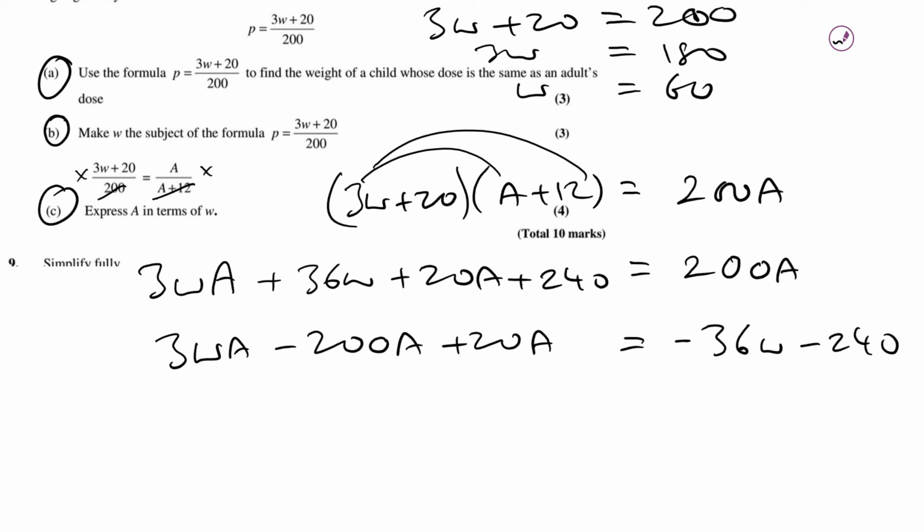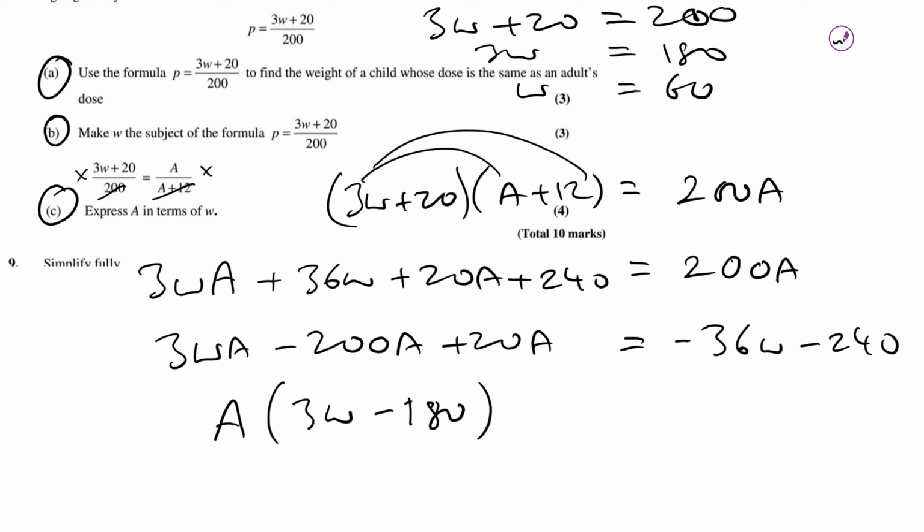And then what do we do? This is the finishing move, called the key move, I should say. You put A on the outside. That is the one. So 3W, oh, I mean minus 200 plus 20 is minus 180. So I'm just going to be lazy and just do that.